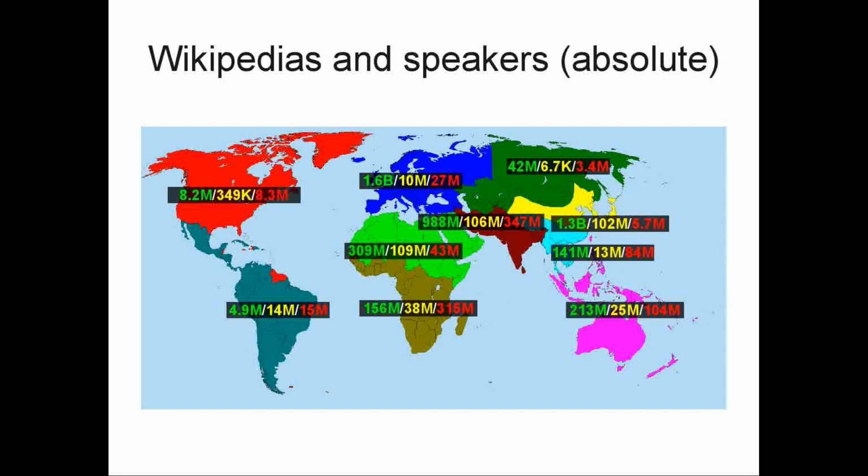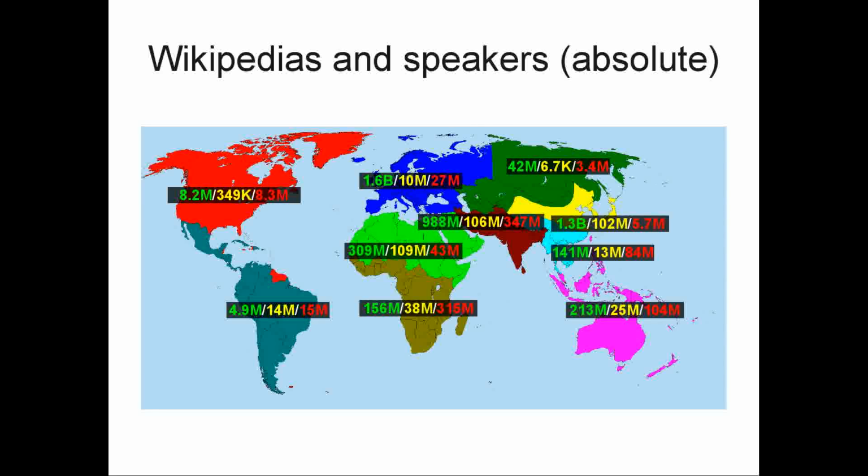So where are the numbers the biggest? South Asia, 347 million speakers without Wikipedia in their language. Sub-Saharan Africa, 315 million. Polynesia, Australia, Oceania, 104 million.